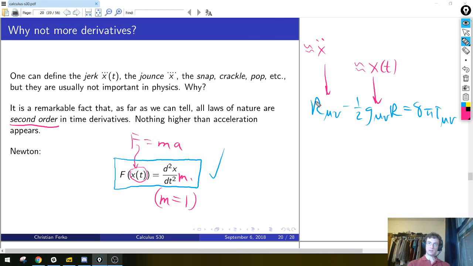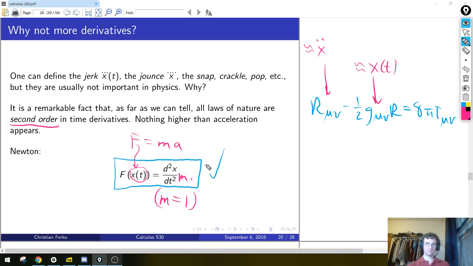I'm saying approximate, but it's actually precisely true that R mu nu and R only contain second derivatives of g. So it's just like x and 2 derivatives of x. It's true for GR, true for electromagnetism, it's true everywhere. So anyway, that's the answer to the question of why not more derivatives.